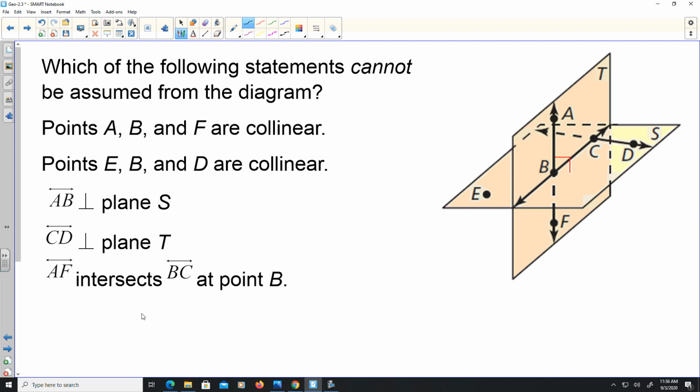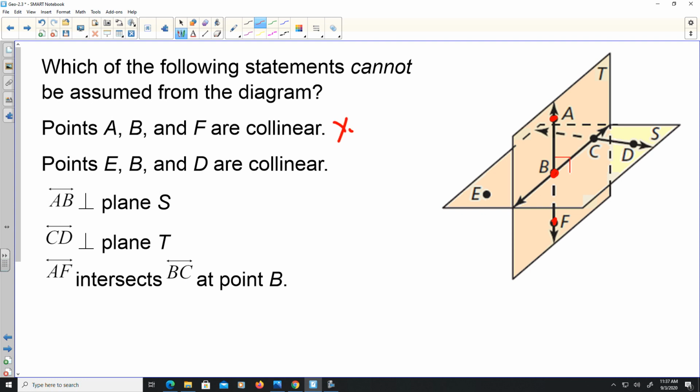All right, so here it says, which of the following statements cannot be assumed from the diagram? The first statement says points A, B, and F are collinear. Collinear means they all lie on the same line. Because there is a line that goes through A, B, and F, I can make the assumption that they're collinear.